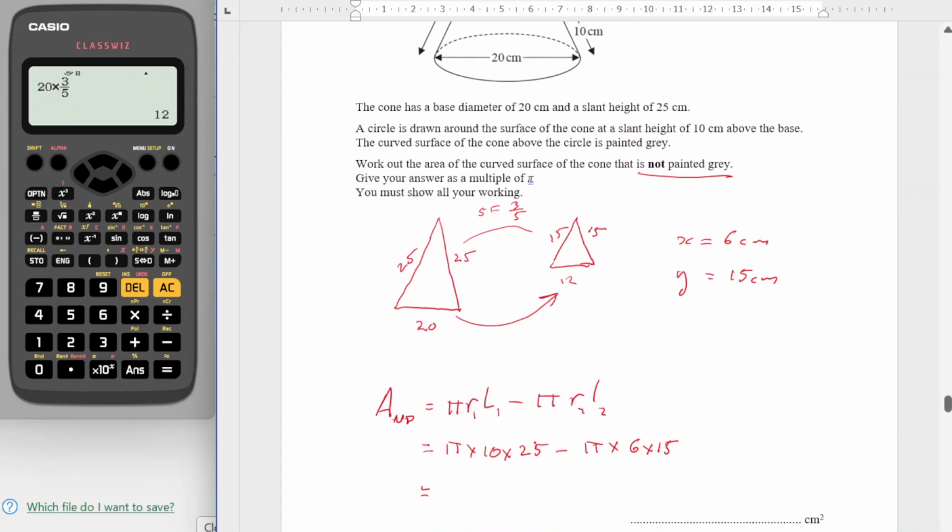So I don't really need a calculator for this, so that's going to be 250 minus 30 minus 90, lots of pi. So that's going to be 160 pi. So provided I've done that right, it asks us for the answer in terms of pi, so that's it, 160 pi.